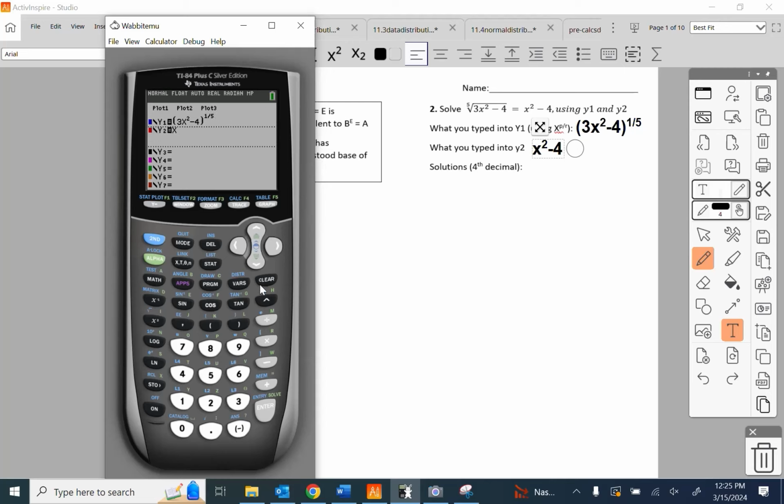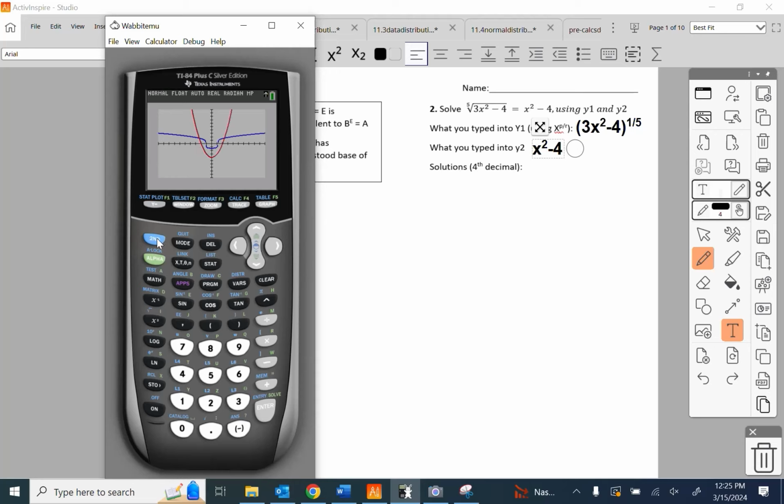And y2 is x squared minus 4. I don't get the resistance to this. I really don't. And I do a zoom 6 the way you were trained. I'll get a pretty funky looking graph. Calculator took that quadratic 3x squared minus 4, took its 5th root, and it ended up with something funky like this.